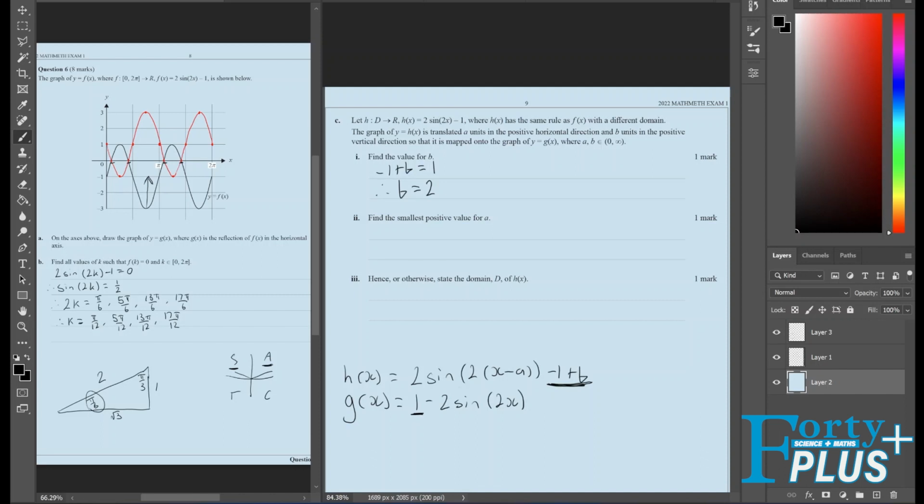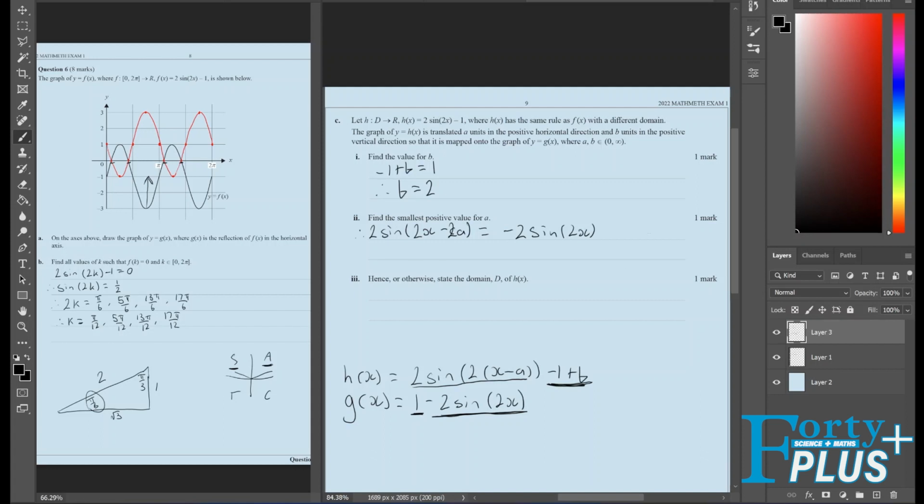So we know that for the graphs to be equal, these 2 forms of the sine function must also be equal. So we say 2 sine, and I'm just going to expand the internal brackets, 2x minus 2a equals negative 2 sine 2x.